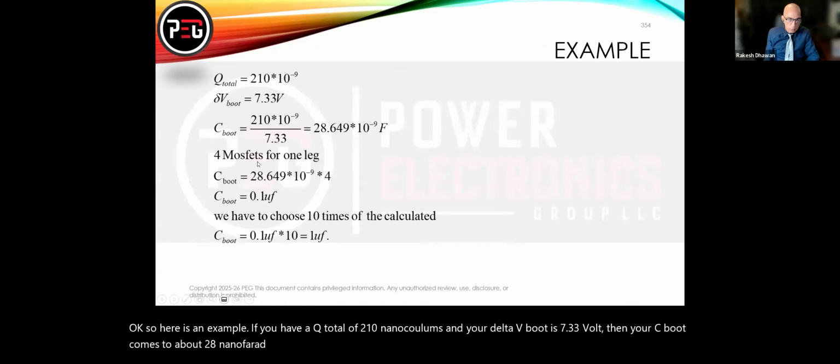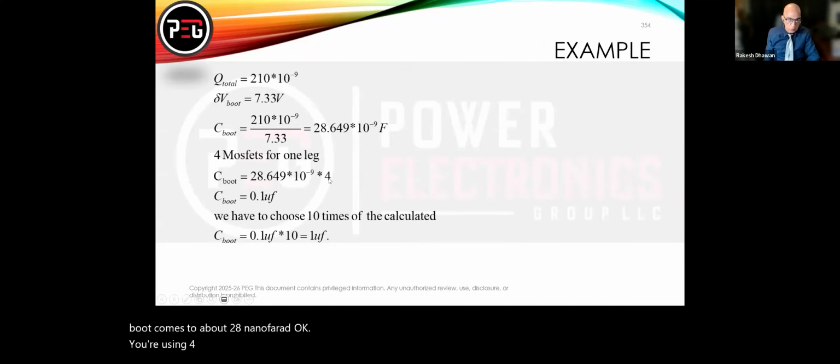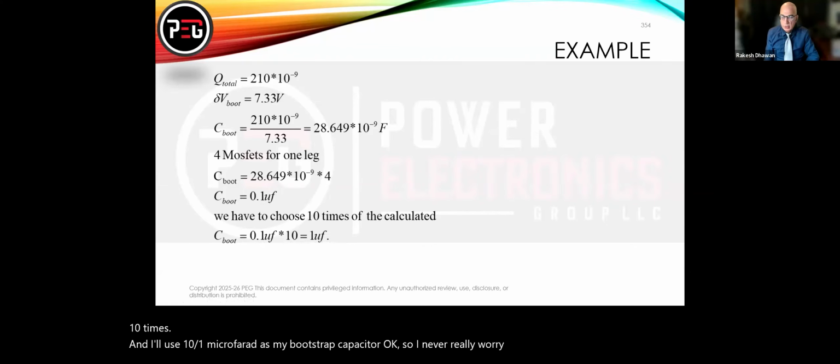Okay, so if you're using 4 MOSFETs in parallel, you need 4 times, it still comes to 0.1 microfarad. Normally, I will multiply that number 10 times, and I'll use 1 microfarad as my bootstrap capacitor. Okay, so I never really worry about bootstrap capacitor discharge.